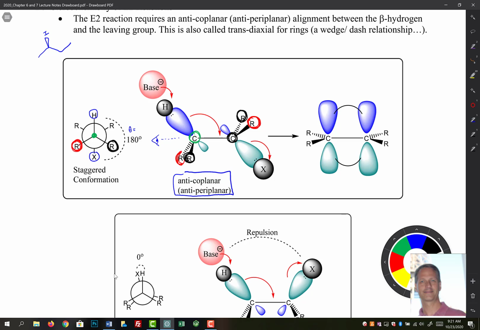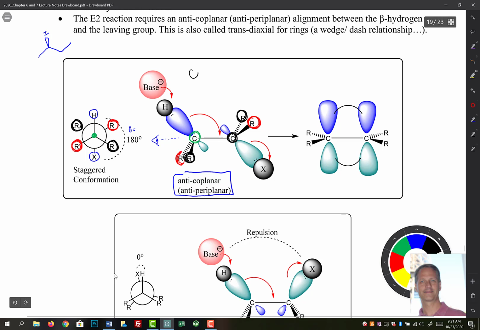Now when we take this around, we would have this group here being the red, and that group would be the black. Notice that these black circled carbons have dihedral angles of 180 degrees also. They're anti-coplanar to each other.